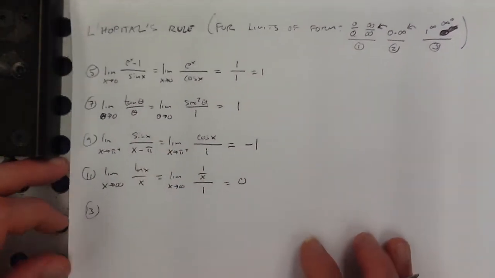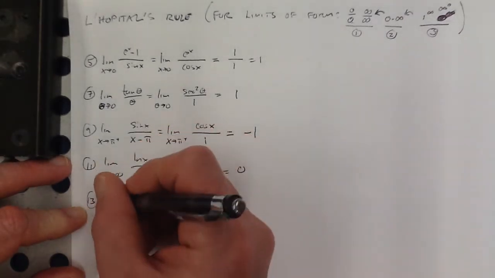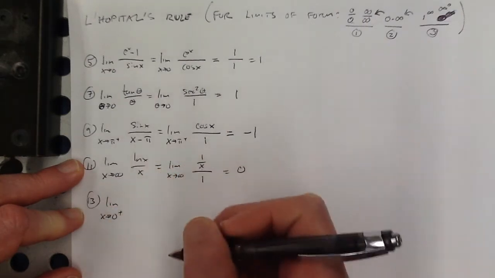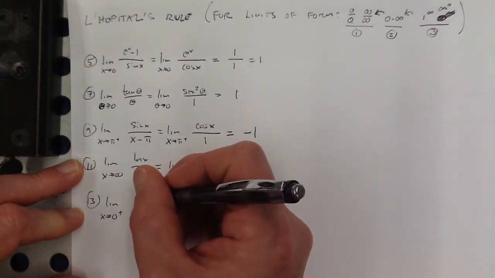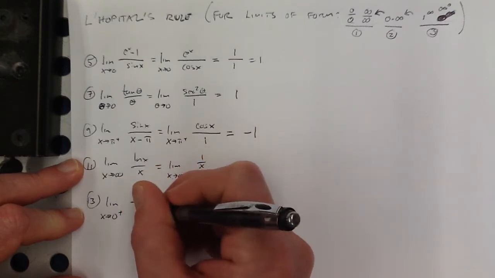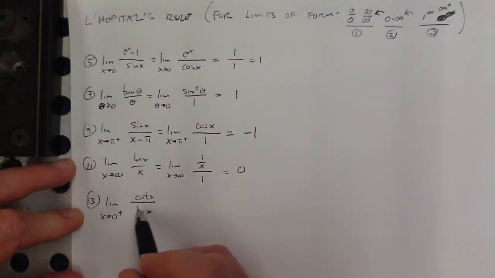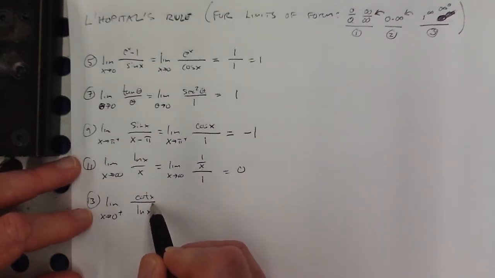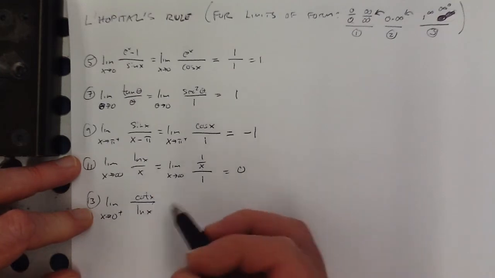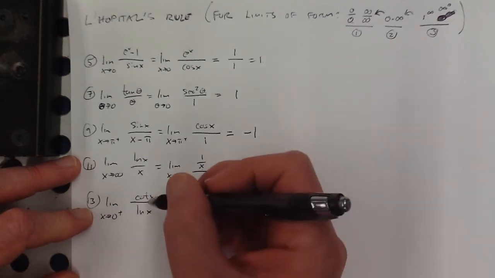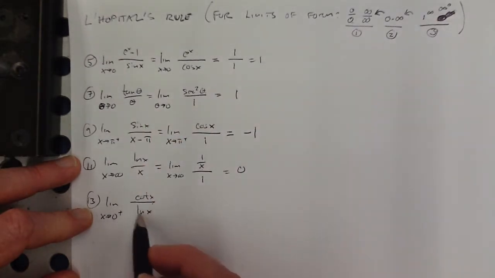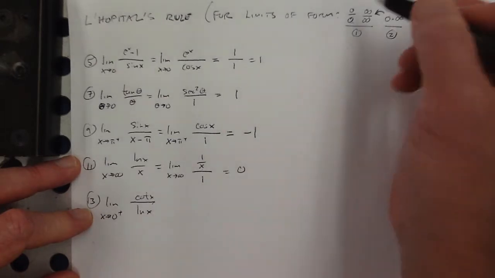Isn't this fun and easy? How about the limit as x approaches 0 from the positive side of cotangent x over natural log x. All right, well, let's see. What's going on with the cotangent function at 0? I do believe that cotangent has a vertical asymptote there, so that's approaching positive infinity, and the natural log approaches negative infinity, so this is positive infinity over negative infinity.